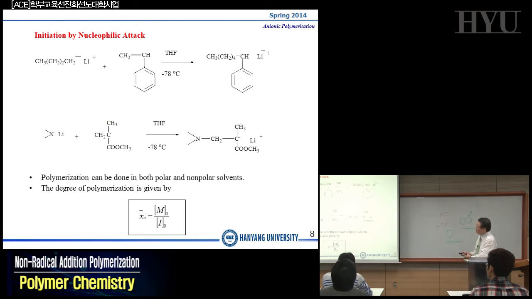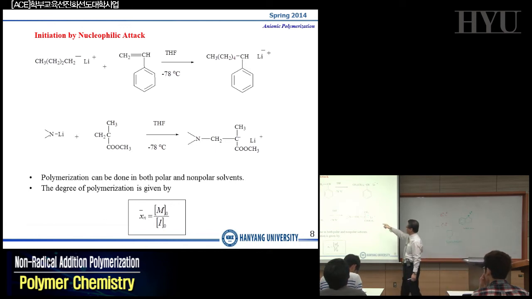In the case of butyllithium or some other initiators, you can also initiate methyl methacrylate. Methyl methacrylate can of course form a carbanion, but the concentration or the strength of this carbanion is a little complicated, because the methyl group is electron donating, whereas the carbomethoxy group is electron withdrawing.